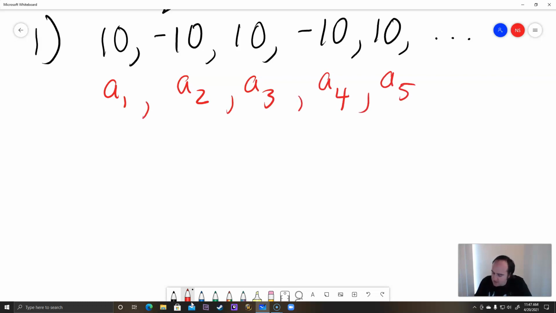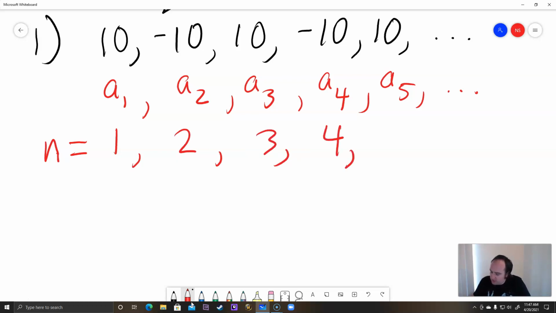That's the same notation we used on the last problem. Realize that those are the terms of A sub n. Here, n equals 1 for the first term, n equals 2 for the second term, n equals 3 for the third term, n equals 4 for the fourth term, n equals 5 for the fifth term, and so on.